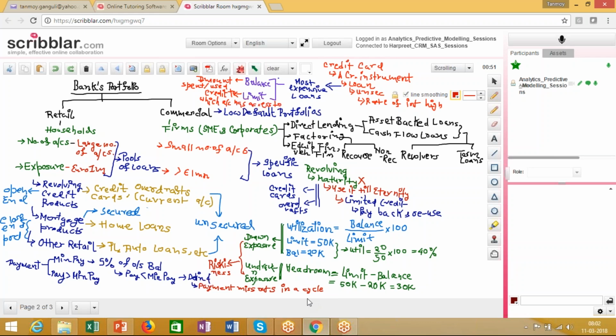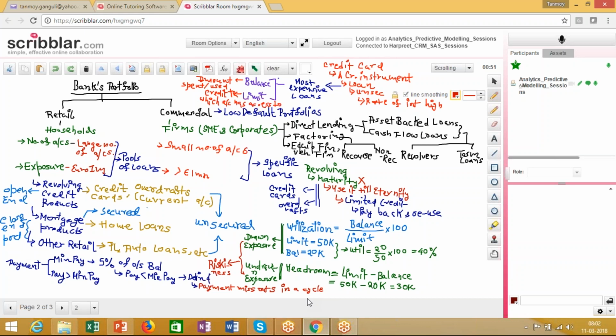So if in a particular payment cycle I miss out on the minimum payment for a credit card, then I become delinquent, right? And if my delinquency sustains for some successive cycles, then I will become a bad borrower. For assessing the behavioral side of the models, understanding the delinquency pattern is very important.